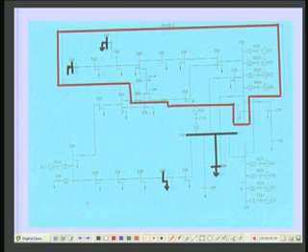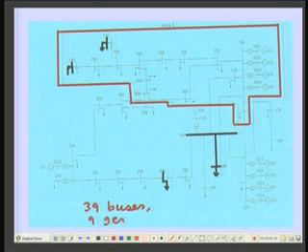This system has 39 buses and 9 generators and 1 synchronous condenser.